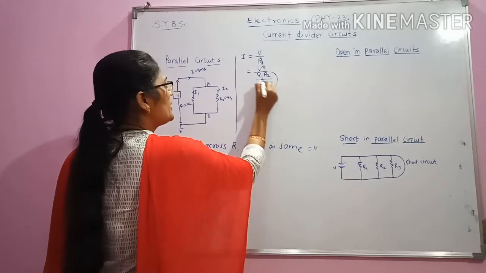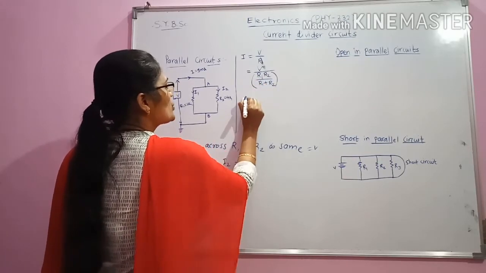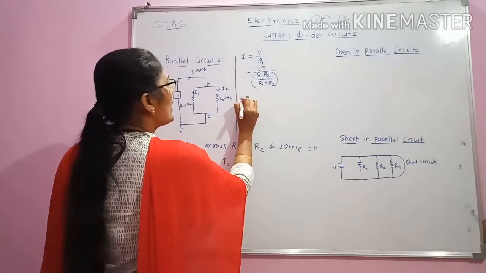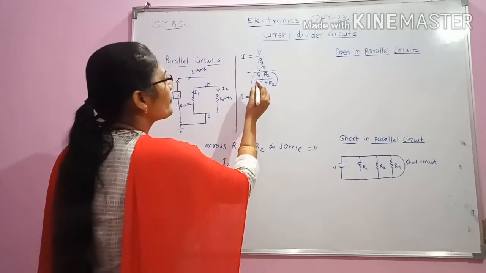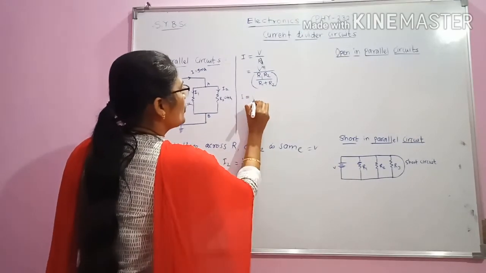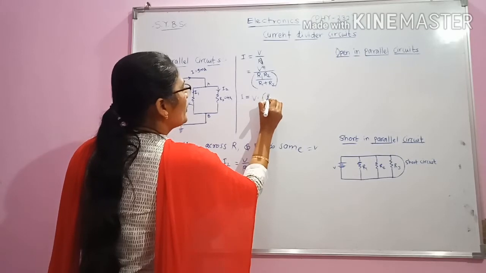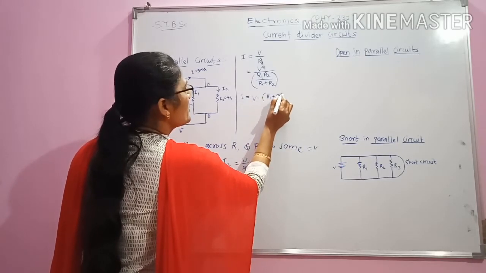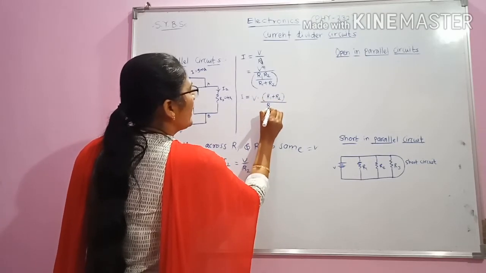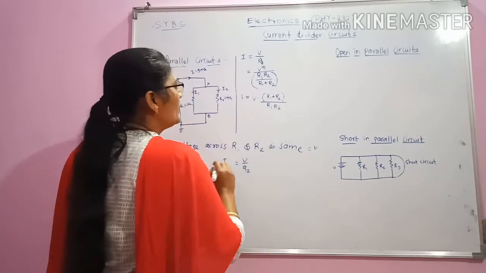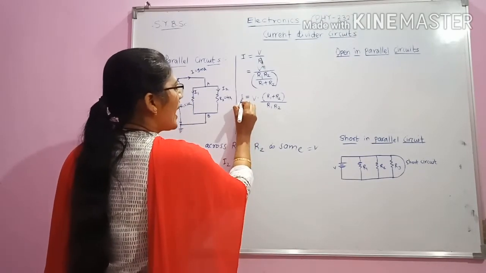You have to mention it in brackets. So what will be the value of I? I is equal to V into R1 plus R2, simplifying it, divided by R1 into R2. This is the value of I.